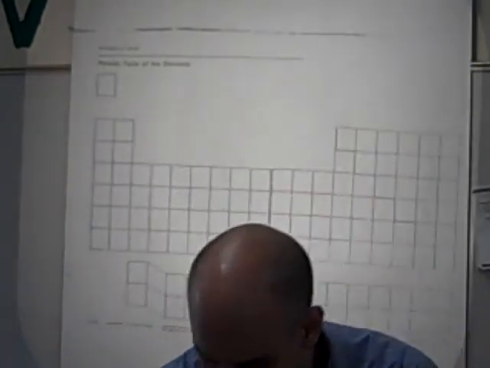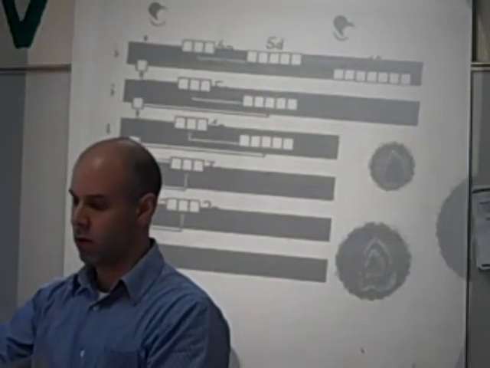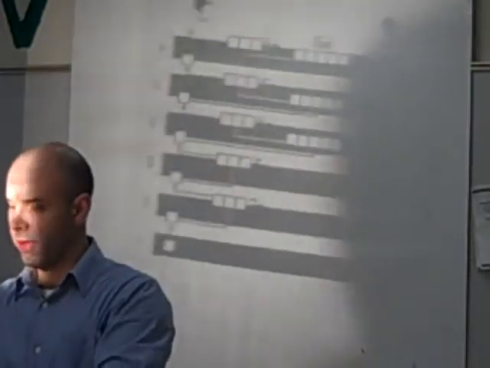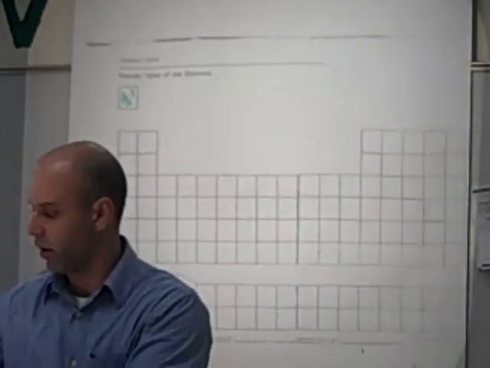When we have one electron, we put it in the lowest available orbital, which is the 1s. So when we fill out our periodic table, the very first electron is in the 1s1.